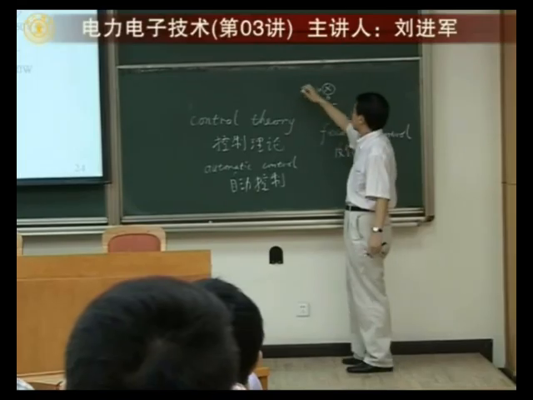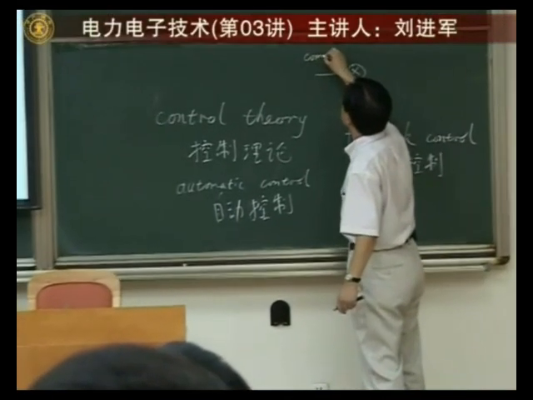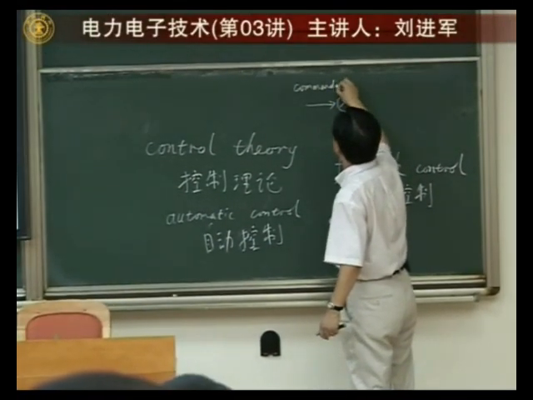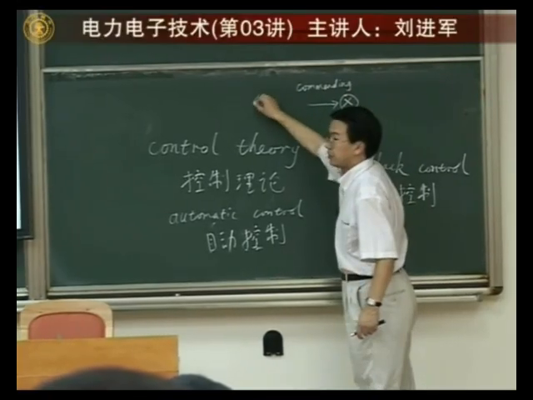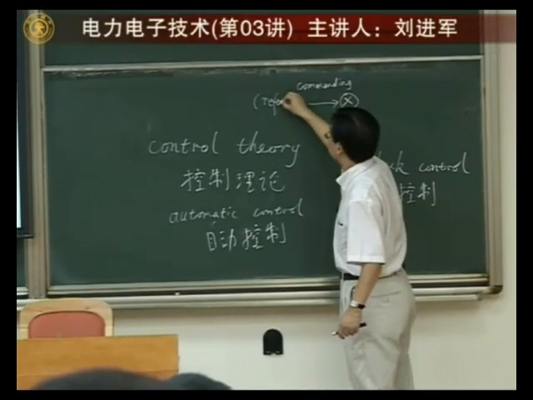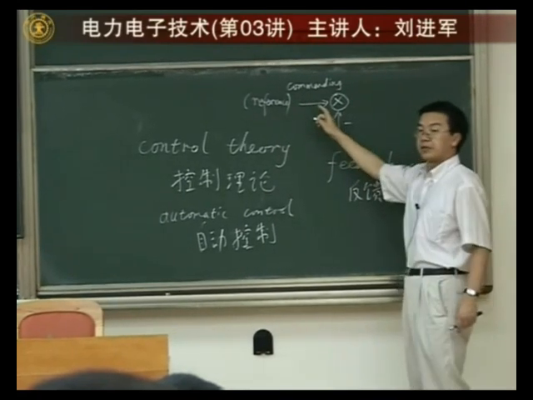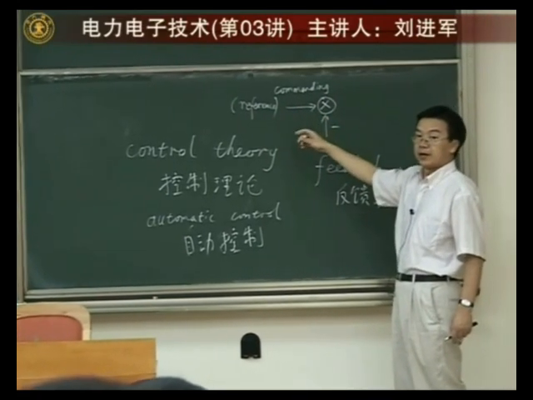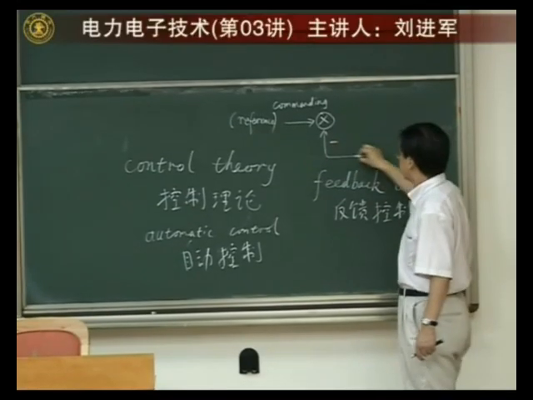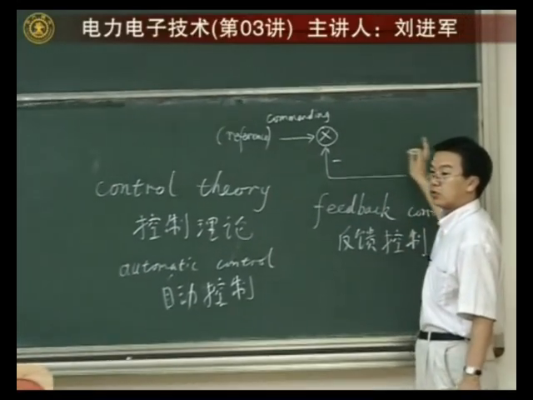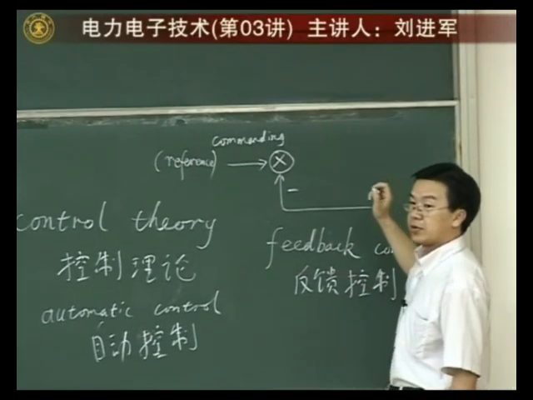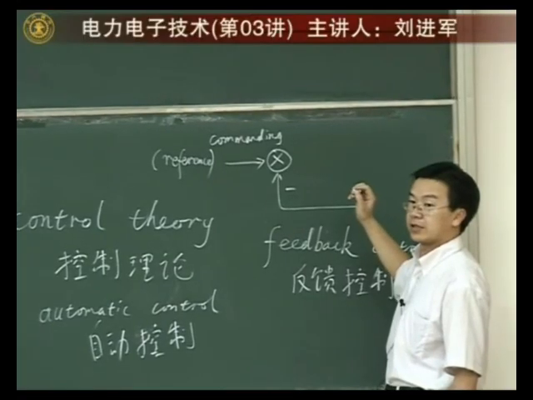You have a commanding. Another name for commanding is reference. Remember, I told you last time, commanding value. Okay, and then you measure the actual value, the actual output you get.